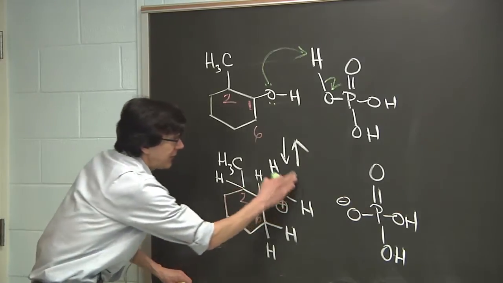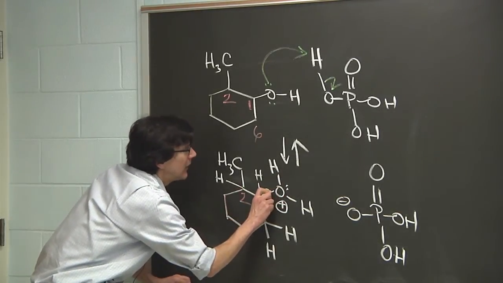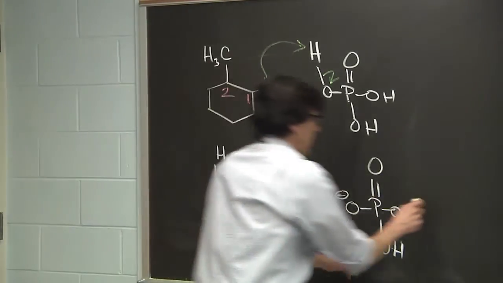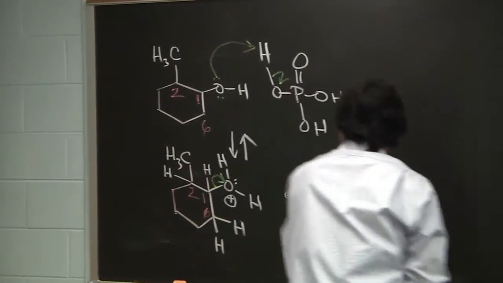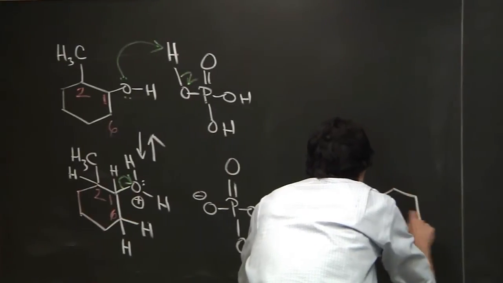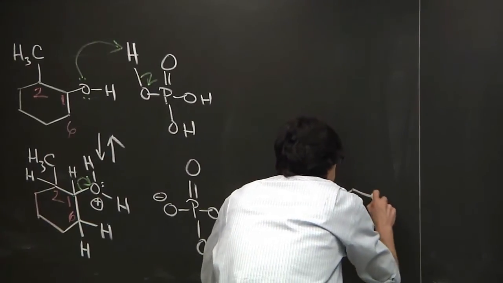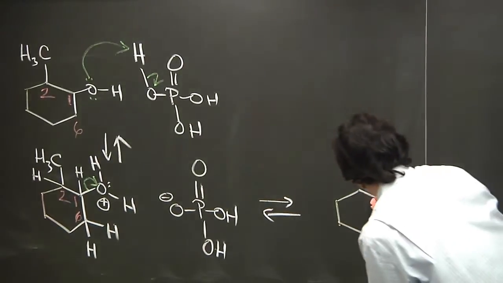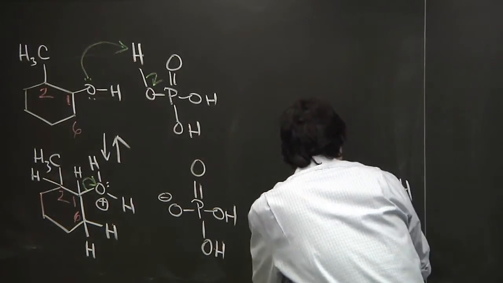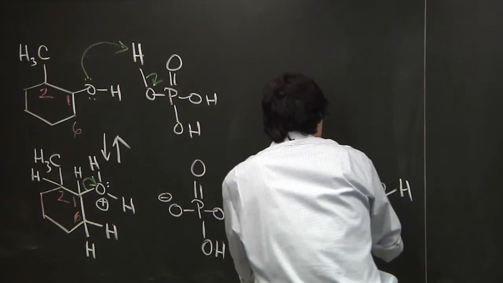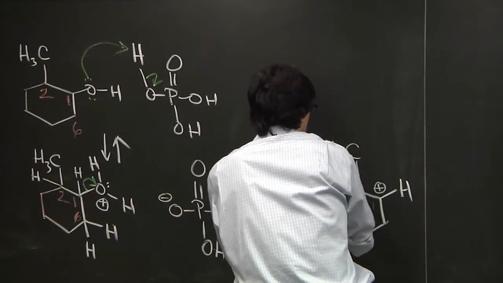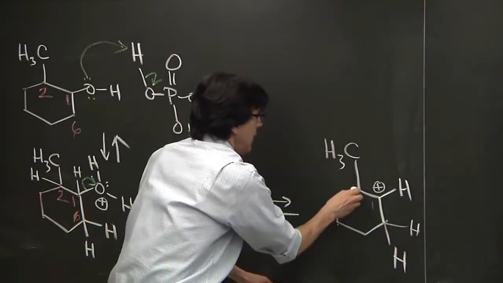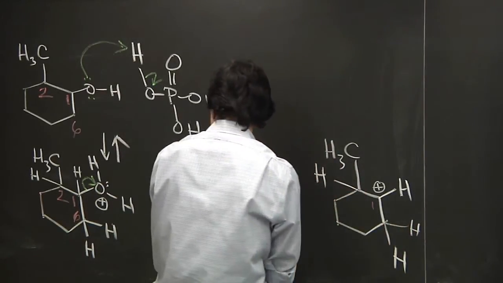We've now made this into a much better leaving group, so that leaving group can leave. At this point, we have just a single hydrogen left at carbon 1, and that's a carbocation. We have a methyl group here, and then we still have 2 hydrogens there, 1 hydrogen there.